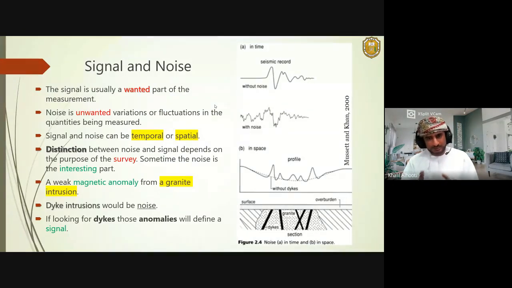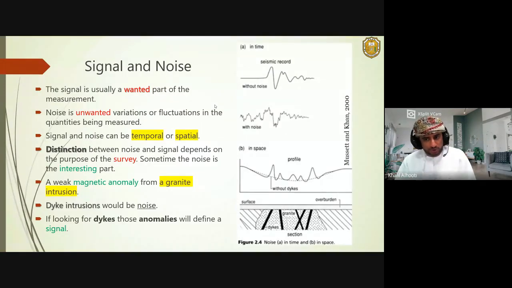And for example, in magnetic surveys, there are some days where the magnetic anomaly changes so quickly or drastically. On those days, we will not do any magnetic survey. Those days are called magnetic storms.